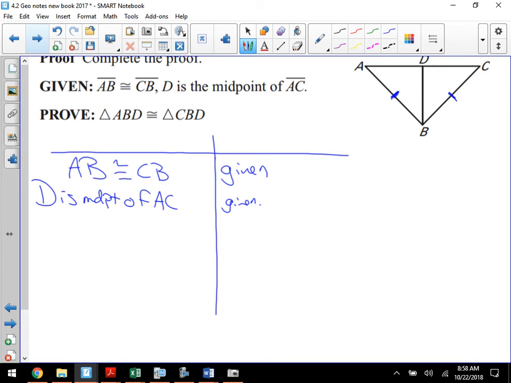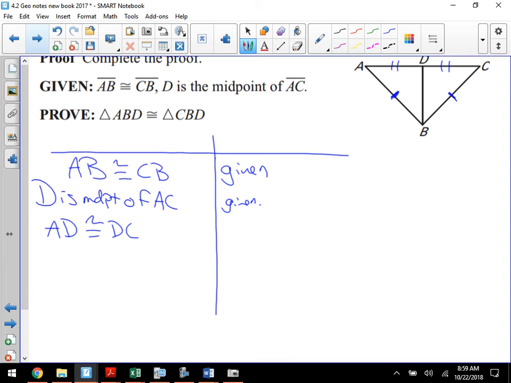Well, we're talking about congruency here with triangles, so I should say congruent. If D is the midpoint, what are the two segments that are congruent? That means it's AD and DC. I'll say that AD is congruent to DC.